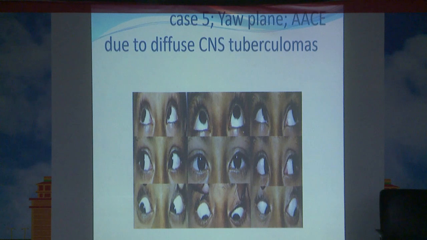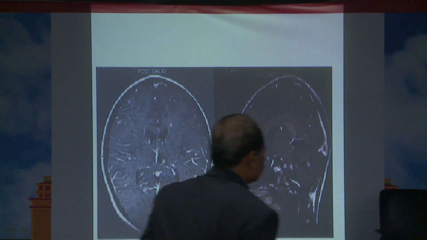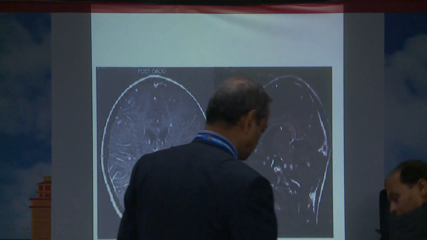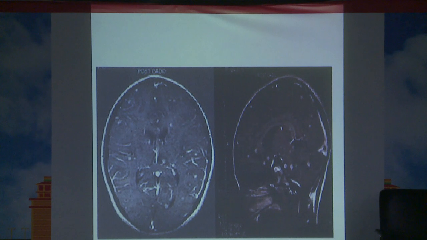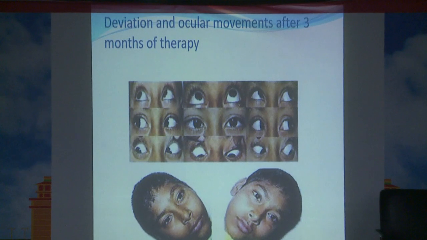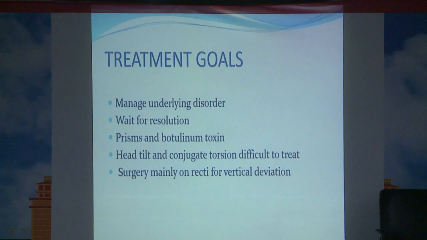And here we had multiple tuberculomas all over. So these are usually caused by cerebellar lesions. So maybe there was a cerebellar lesion in the tuberculomas in the cerebellar part that gave rise to this acute acquired comitant esotropia. And you can find this is a large ESO, and after treatment, this is also showing intorsion and extorsion. So that shows that this was because of this.